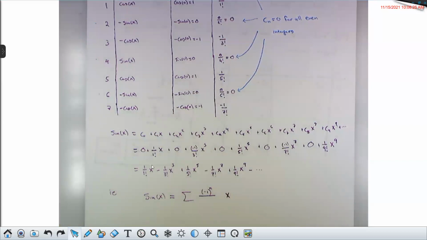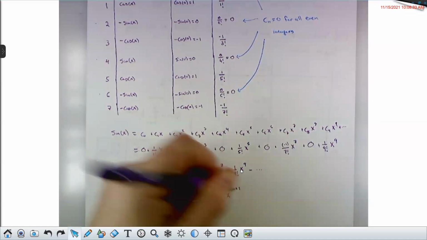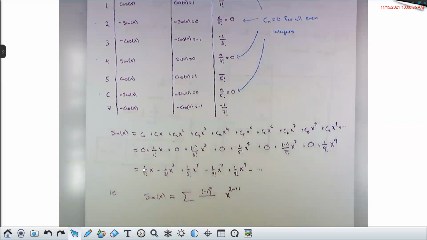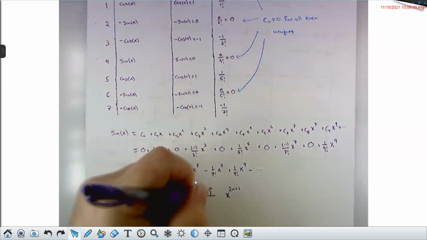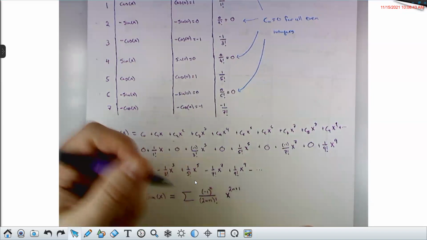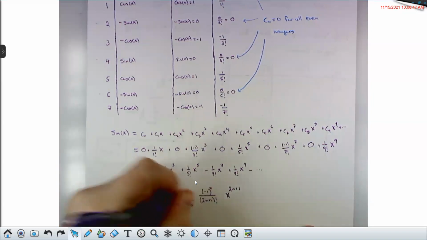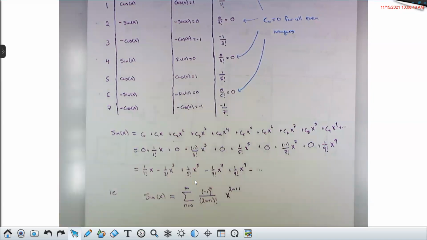The powers of x are 1, 3, 5, 7, 9. That's x to the 2n plus 1. And the factorials downstairs match the powers of x. So this is 2n plus 1 factorial. And we're summing from 0 to infinity.